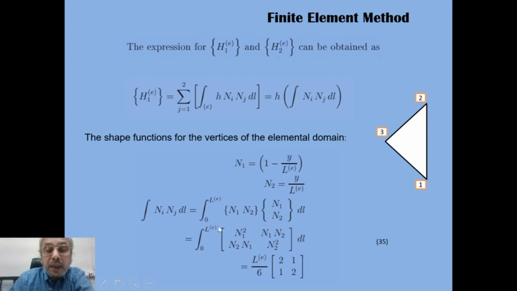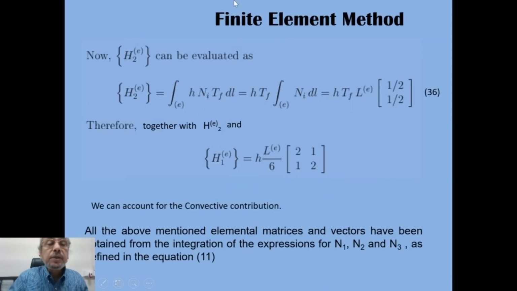And from here, after evaluating, we get L by 6, and these shape factors finally contribute into this matrix 2, 1, 1, 2. So this is basically the evaluation of H1E, and then we'll also find out H2E.